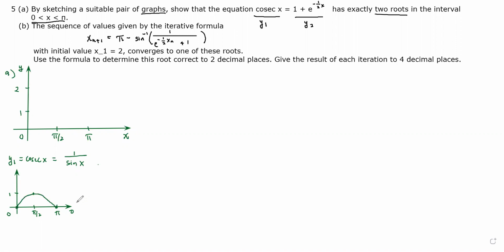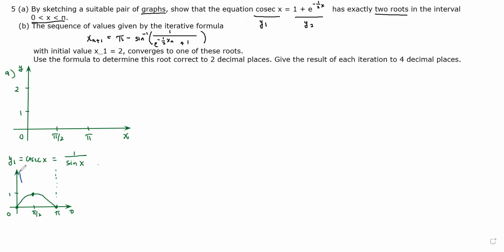So on the interval from 0 to pi, the graph of sine x is concave down. The reciprocal of 1 is 1, the reciprocal of 0 is positive infinity, is not defined.